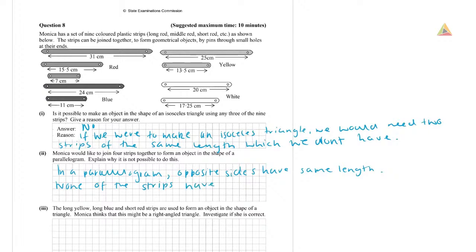So none of the strips have the same length. So therefore, we cannot make a parallelogram. Okay, so that's part 2.